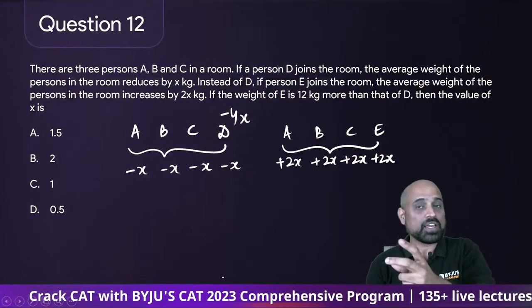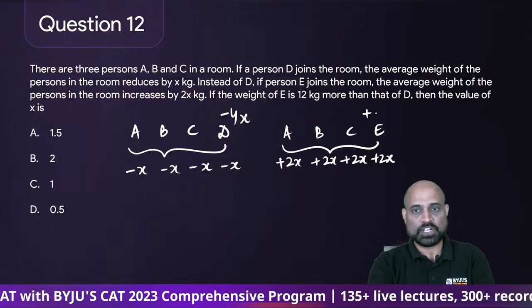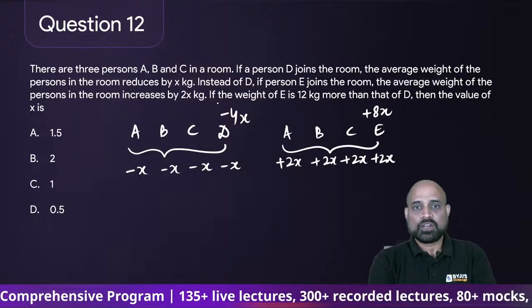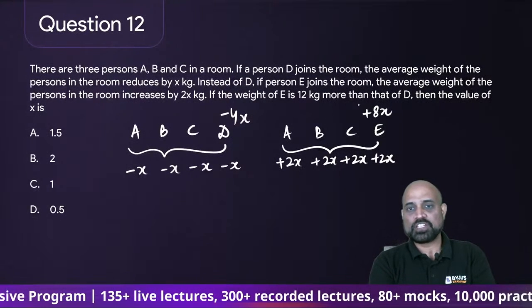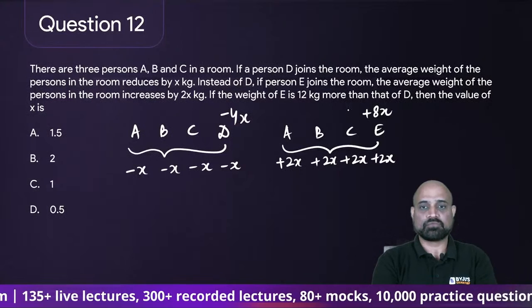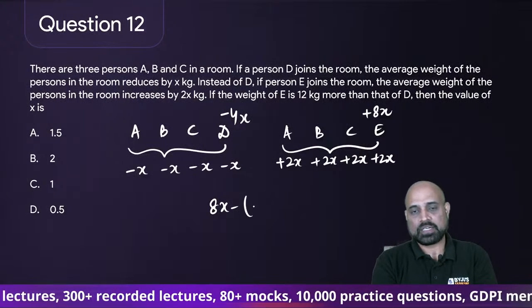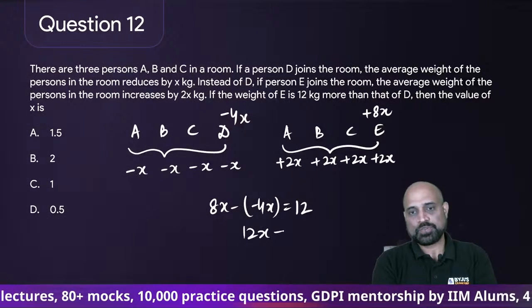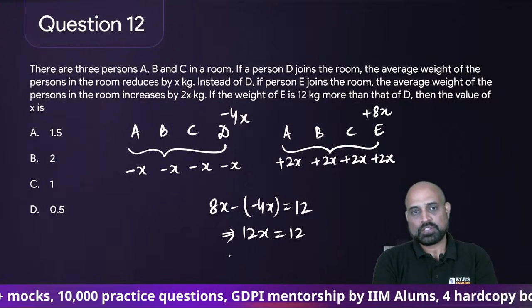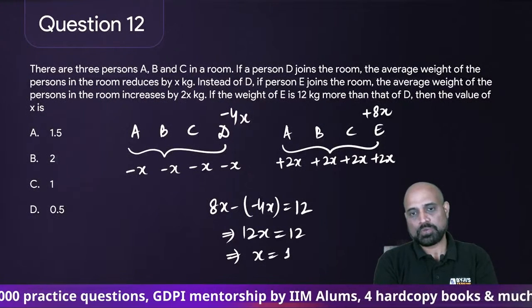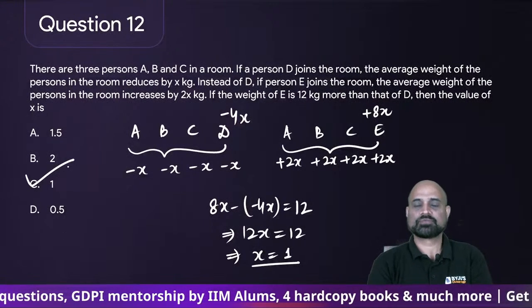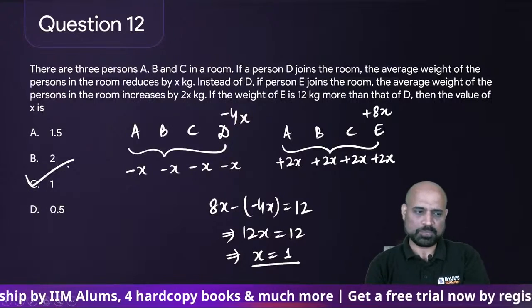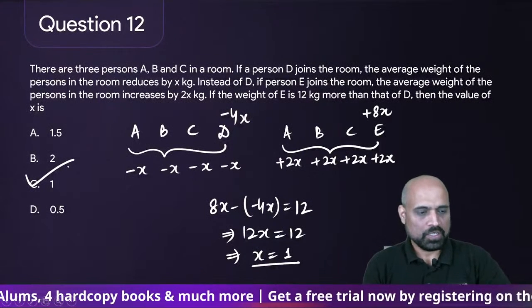So that extra 8x was because of the introduction of E. The question is, given that the weight of E is 12 kg more than that of D, that is 8x minus 4x, if this is 12, so we'll have 12x is equal to 12, then the value of x is going to be how much? So x is going to be 1. Pure logic, deviation, average concept, very basic one, right?